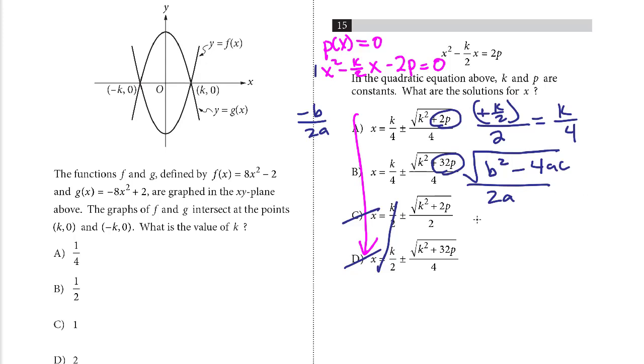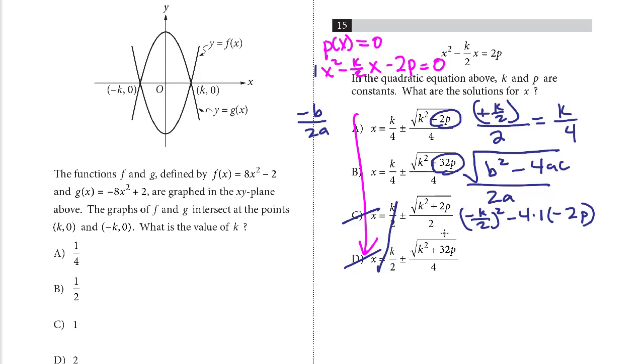Our b squared is minus k over 2, squared, minus 4. a is 1, and c is negative 2p, so I'm going to write in parentheses there, negative 2p.